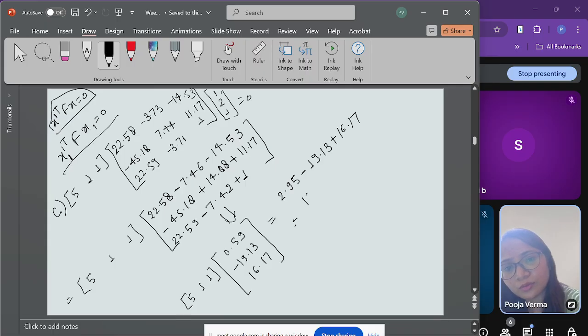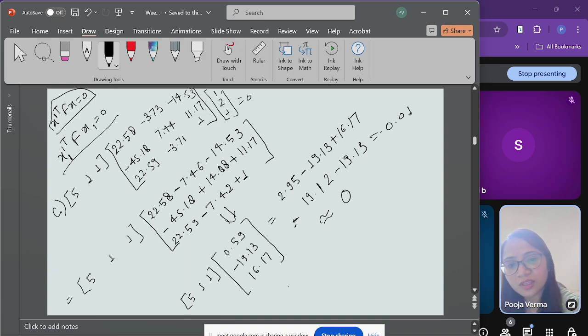So 19.12, 11 minus 19.13, approximately it will cancel out. Because we are calculating decimal points, that is approximately equal to 0, or you can say you are getting minus 0.01. So it is approximately equal to 0.